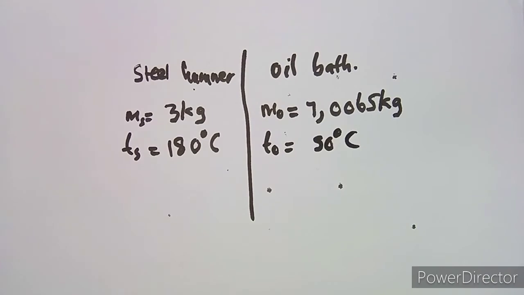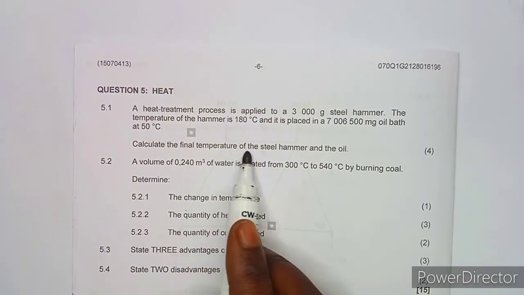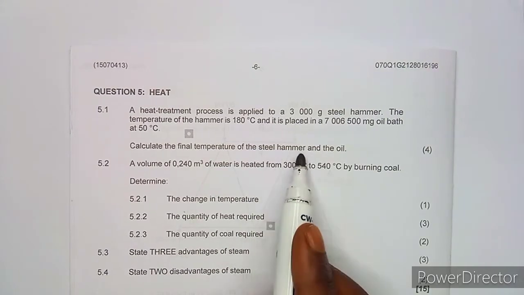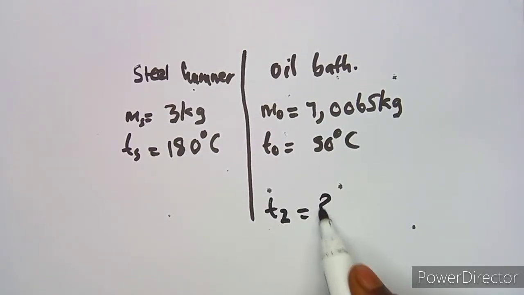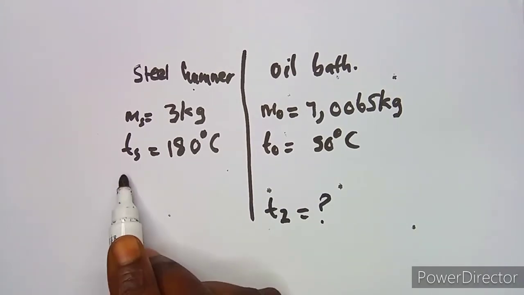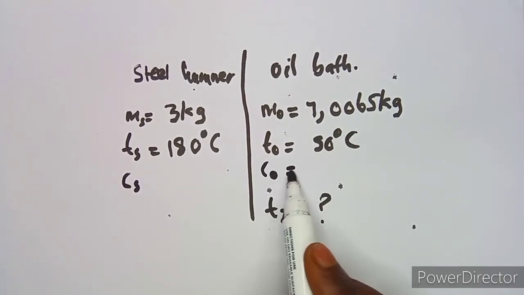All right. Then the question is to calculate the final temperature of the steel and oil bath combined together, which means we want to calculate T2. We do not know the value of T2, remember that. So we need the specific heat capacity of steel and the specific heat capacity of oil.